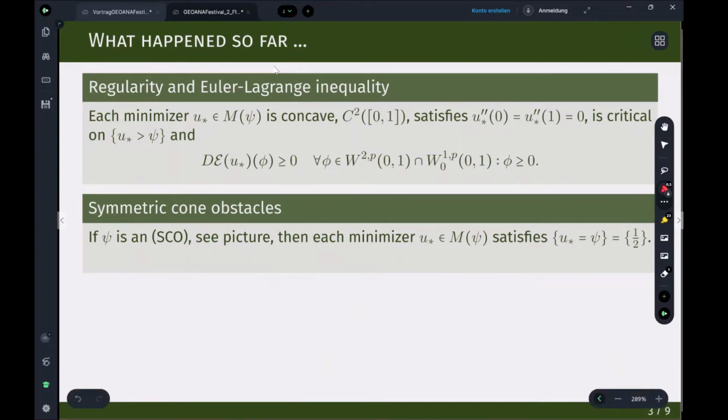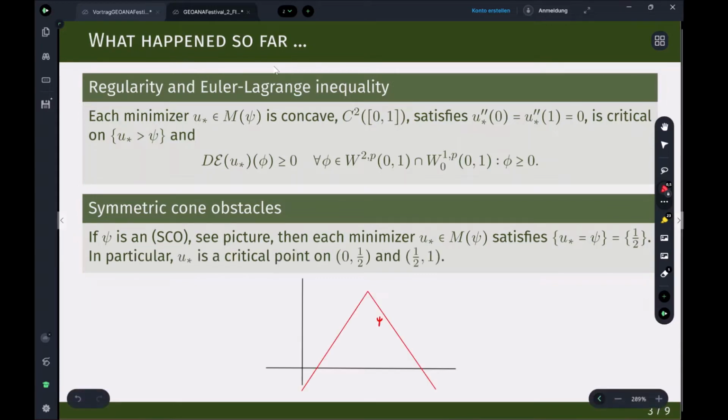If psi is a symmetric cone obstacle, as we also discovered, so if psi looks like so, this is the picture that I wanted to show there, then each minimizer can touch the obstacle only at the tip.